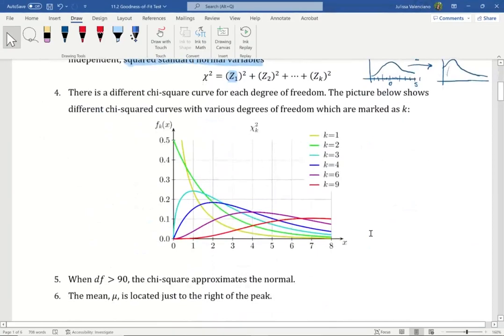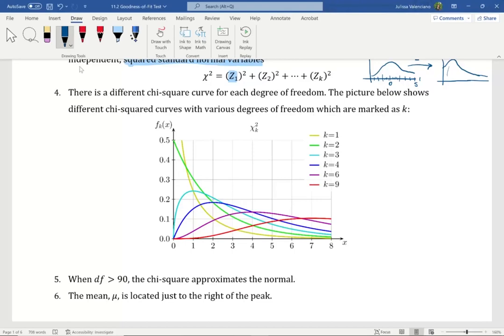Now, you're going to get a different chi-square distribution depending on the degrees of freedom. And so that is what you see here on the graph below. Notice here you have some examples. You have the distribution for degrees of freedom equal to 1, 2, 3, 4, 6, 9. Notice as k increases, we start to see that the curve approaches a normal distribution.